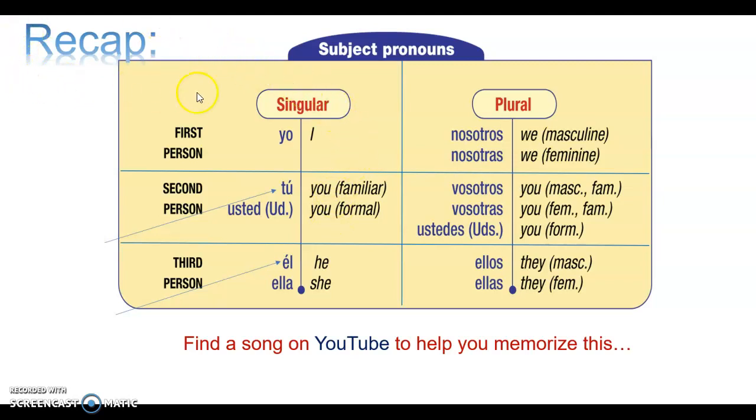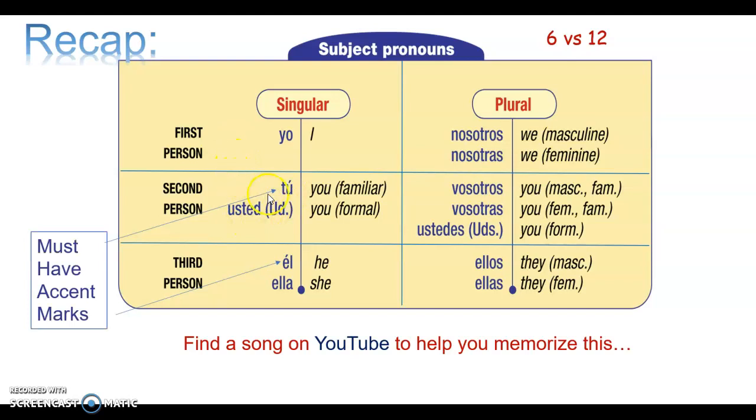So to recap, first person yo, second person has tú or usted, which we just talked about. You must have the accent mark on this, otherwise it means your, and you must have the accent mark on this, otherwise it means the. So you have él, ella.